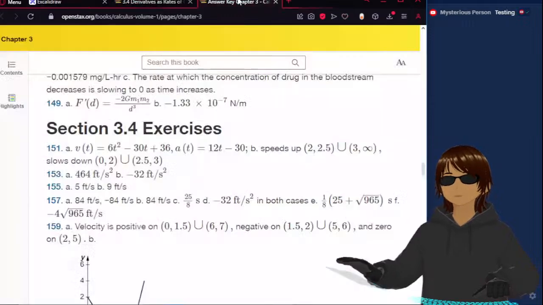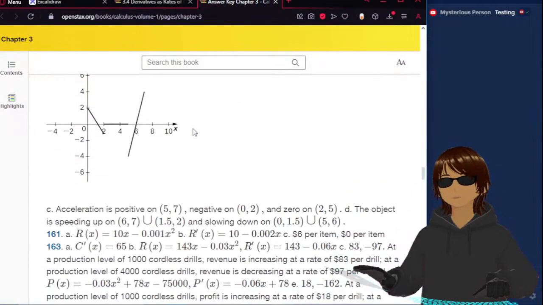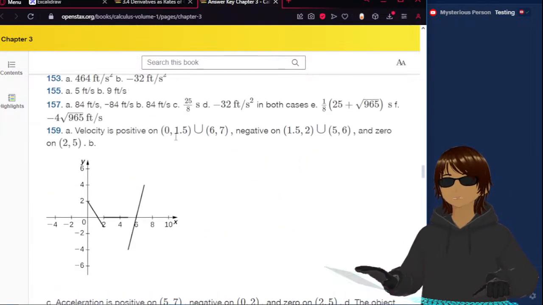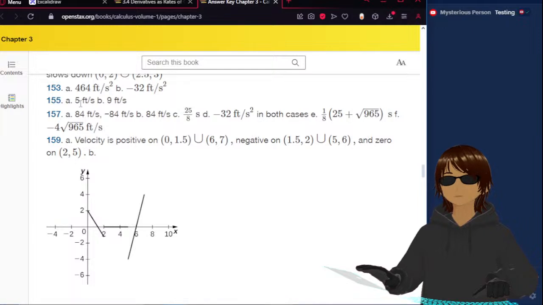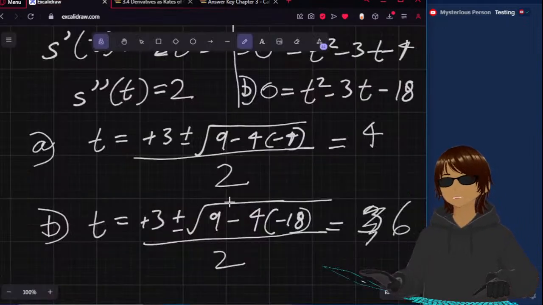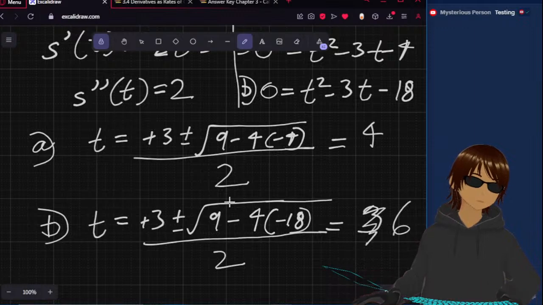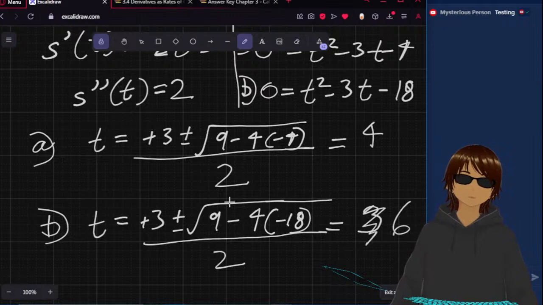Let's see the answer. Imagine it's wrong. This is 9. Where did I go wrong? 4 times 18. 81.